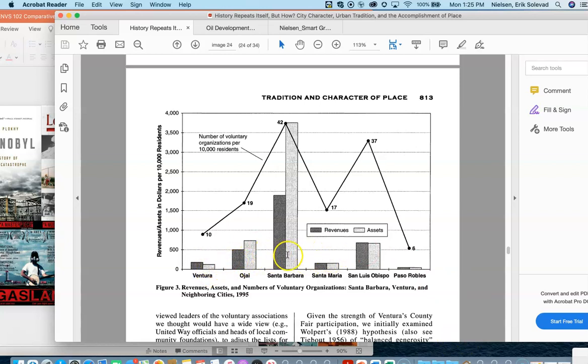Here you can see a big difference between Santa Barbara and other places.